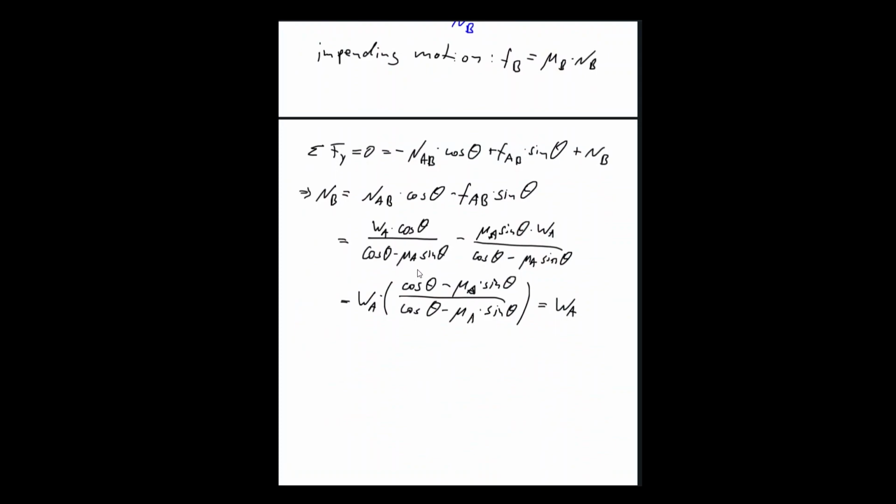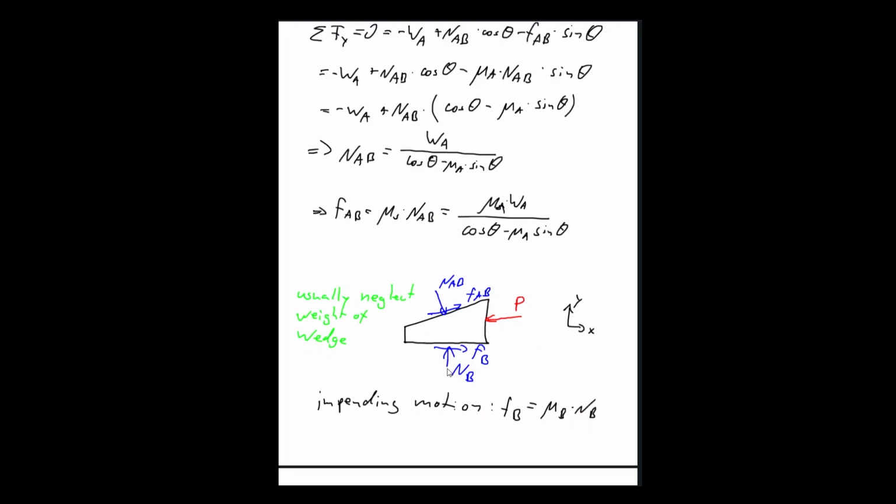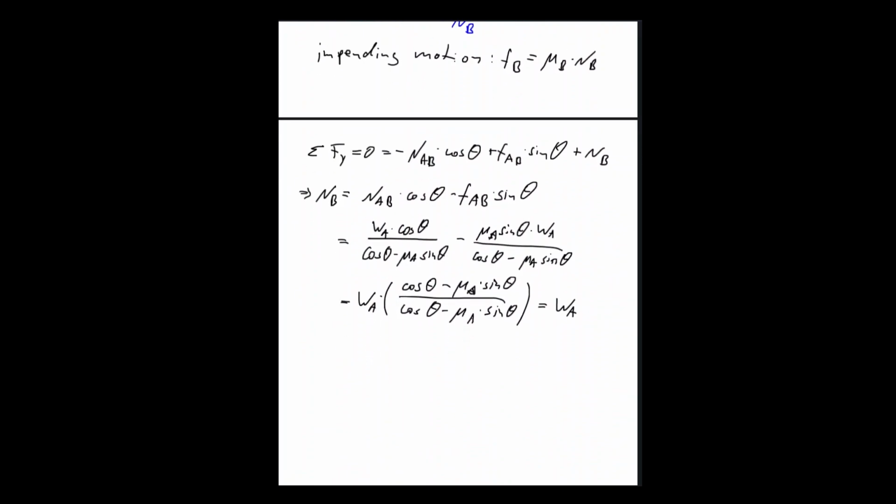Now, what else do we have? What else can we use? Well, now we have NB, so we can get FB. So I think what we'll do, we'll just do sum of forces in the x direction. Sum of forces in the x direction equals 0. What do we get there?